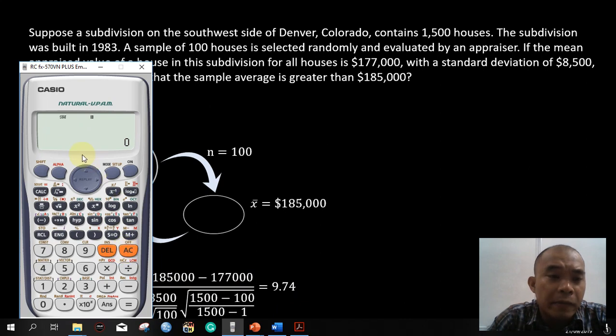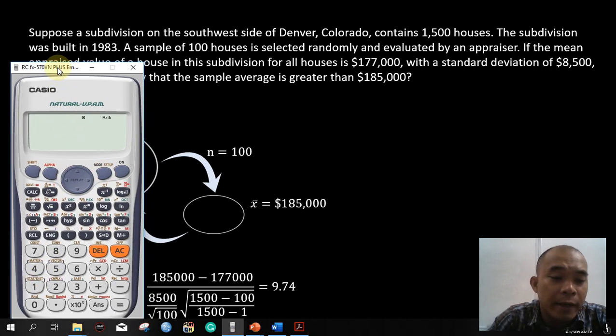Take note from the previous discussion, the mode of our calculator is already set. We're going to press that one so the symbols will display in natural display. So make sure to go back to mode, and then you press 1 in order for us to view the natural display.